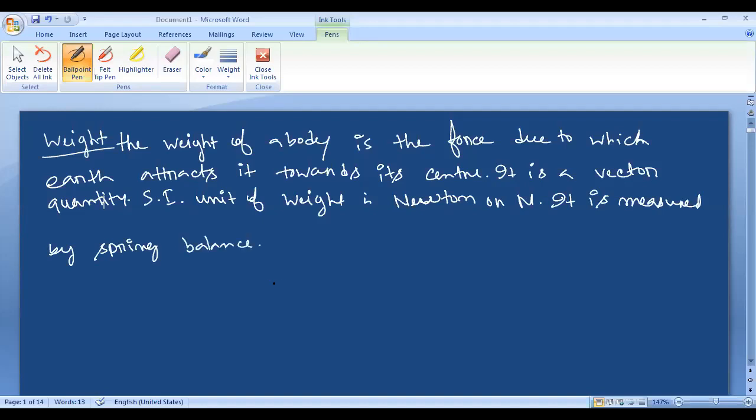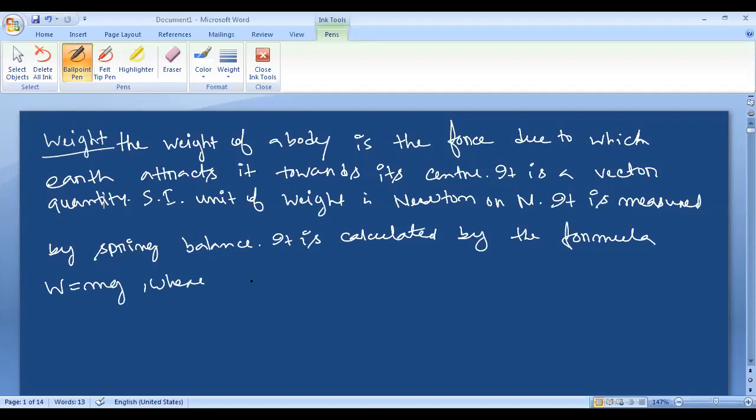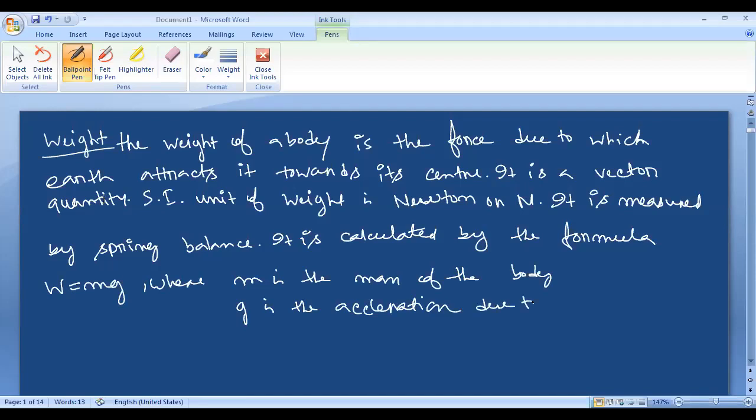It is calculated by the formula W equal to mg, where m is the mass of the body, g is the acceleration due to gravity.